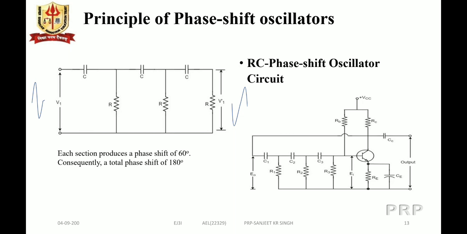So here we see the output of the RC phase shift network is the input for the amplifier, EI, and E0 is the output signal that is fed to the RC network.